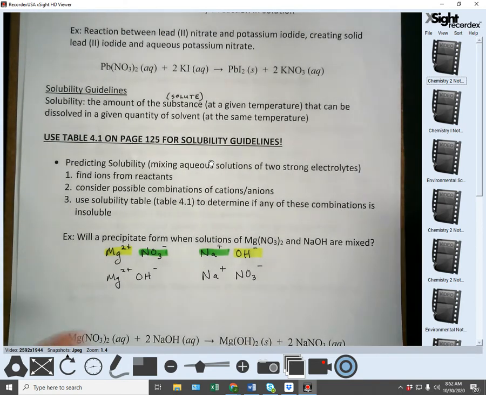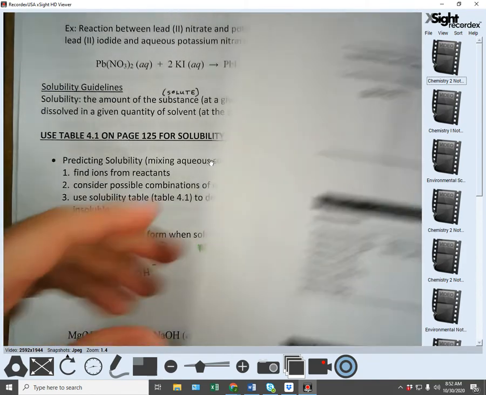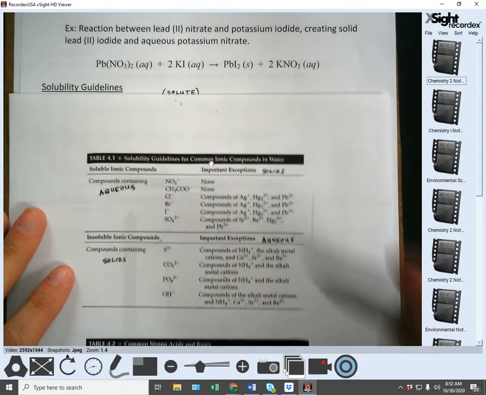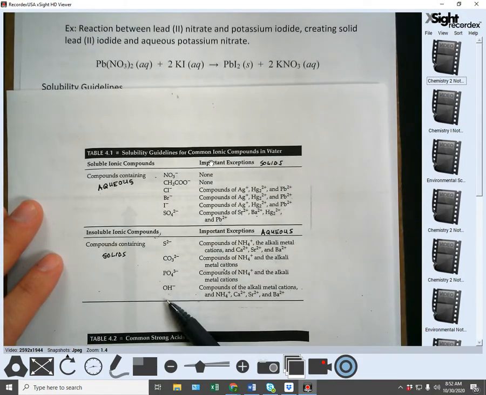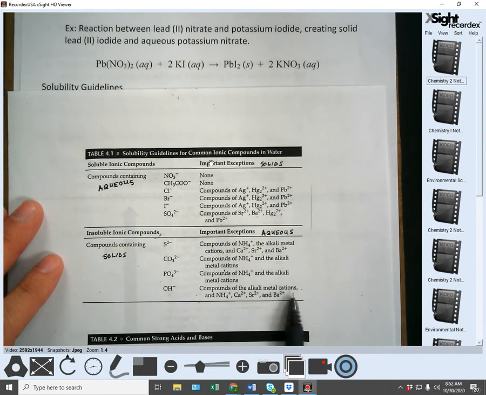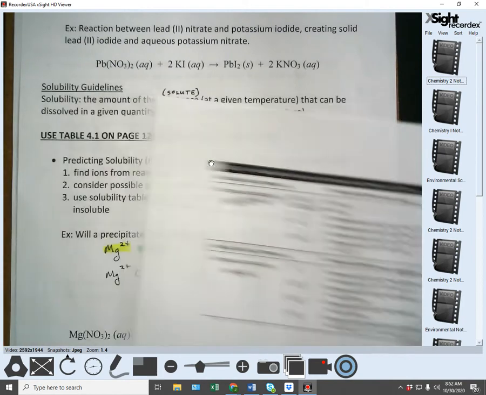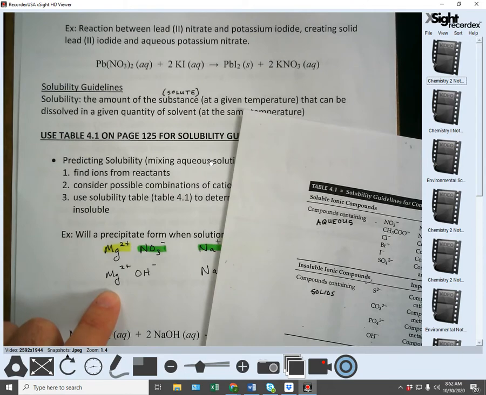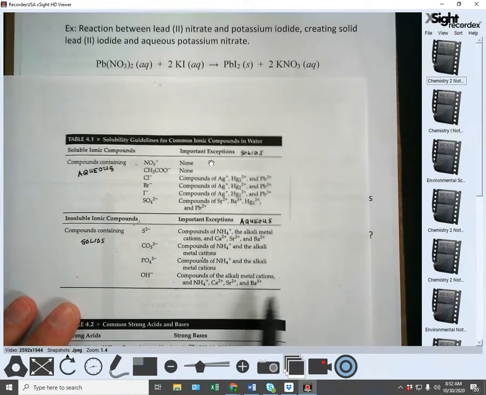So let's look at Mg and the hydroxide. We go to our chart and look up hydroxide. Hydroxide is down here. So hydroxide is going to be an insoluble solid, unless the cation is one of these exceptions. Our cation is magnesium. Is magnesium one of the exceptions for hydroxide?